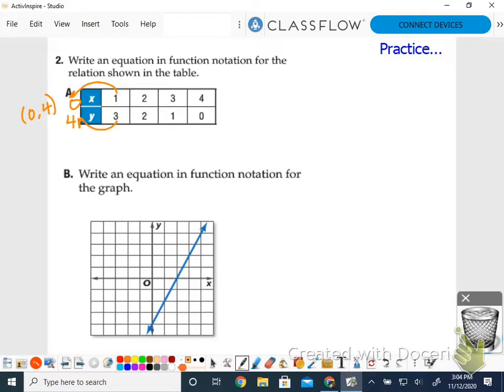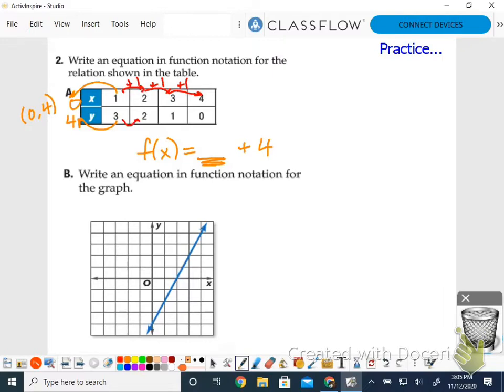So when I write my equation in f of x, I'm going to need something here. But then I'm also going to add 4 to account for the fact that we're crossing the y-axis 4 above the origin. What is my rate of change? So let's find that out. These are going up by 1 every time, plus 1, plus 1, plus 1.